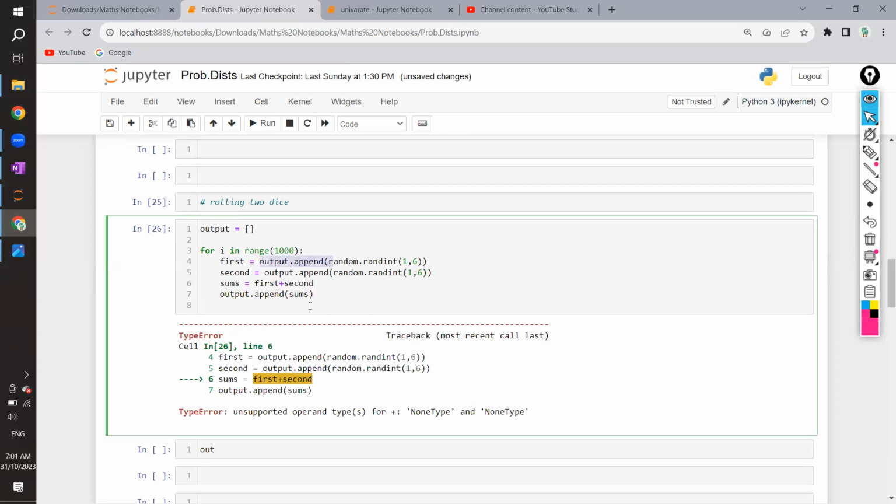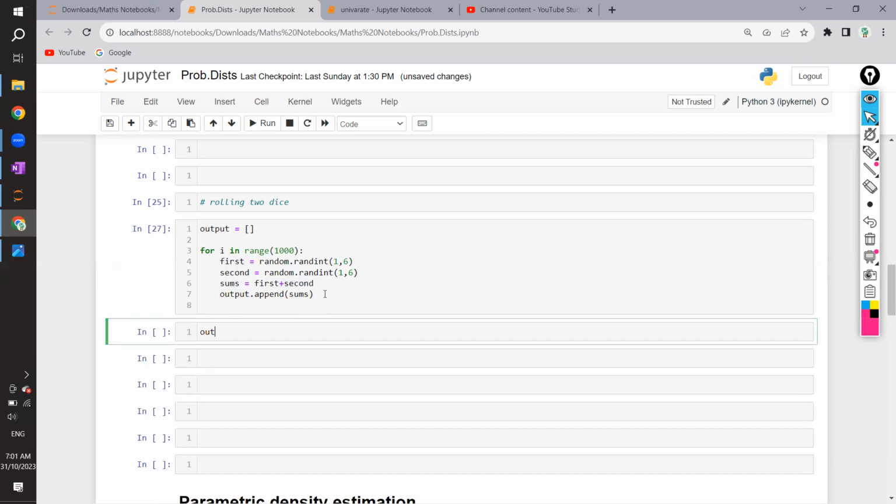First you need to generate it randomly. First you'll get a number, you need to add those, you will get sums, and you need to append those sums. Okay. Next, now let's see the output.